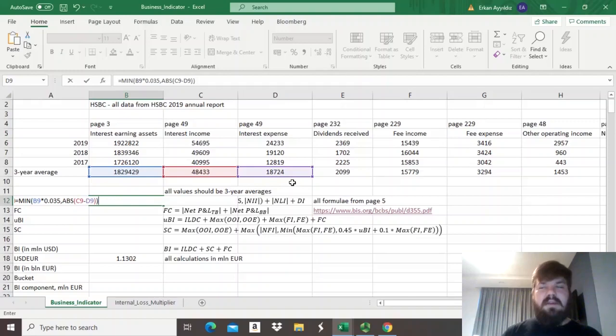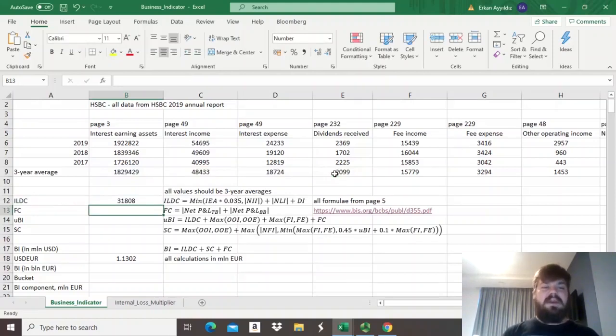It would not influence the calculations too much, as lease income is traditionally not a large proportion of banks' income, as they rely more on lending or investment. But what we need to add is the average dividends received over the past 3 years. And that would be our interest, lease, and dividend component.